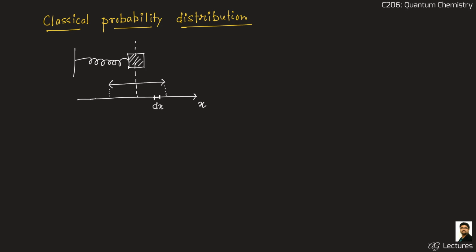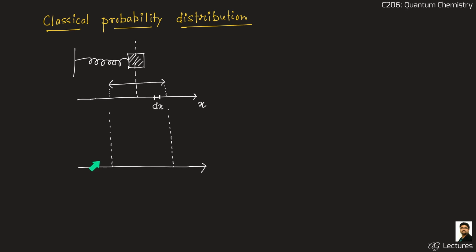Then we can draw the probability distribution as a function of x as this. So we can write down the same x here, and we have these two edges. A classical particle does not go beyond this, so there is no probability of finding the particle in this region or in this region, because this is the classically forbidden region.